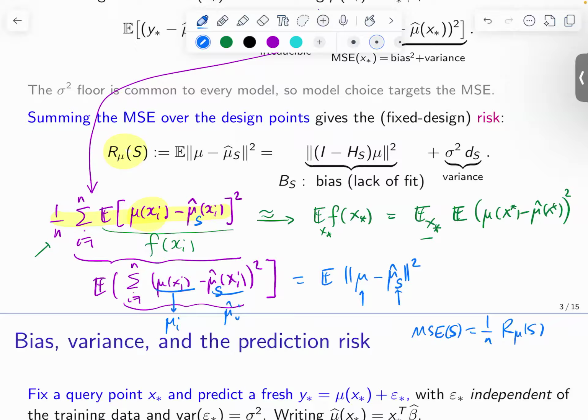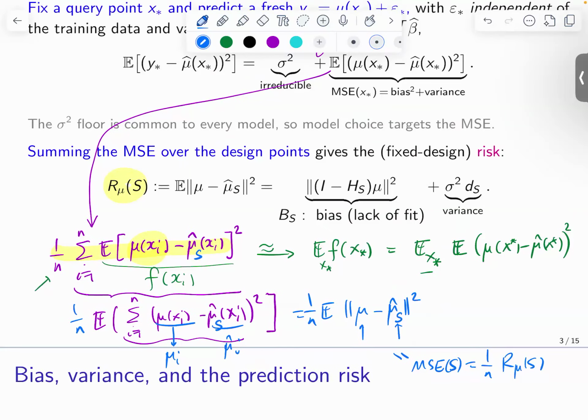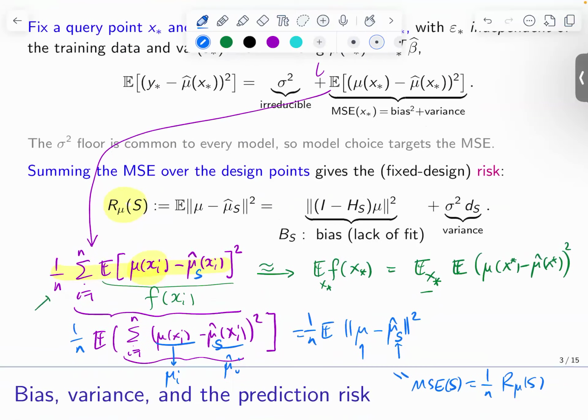So if I do 1 over n here, let's call that MSE of S, and let's call this the risk. Because we're going to minimize it over S, we care about this as a function of S. Addition of a constant or multiplication by a constant doesn't change things. Right, so we could have started from this quantity.